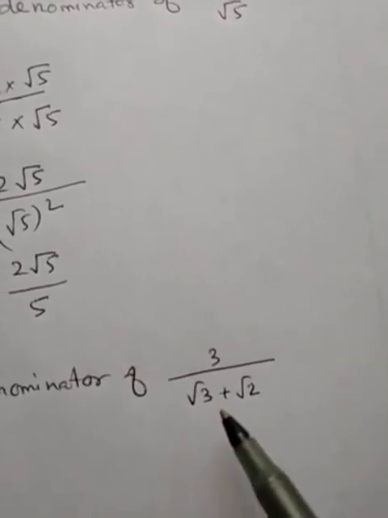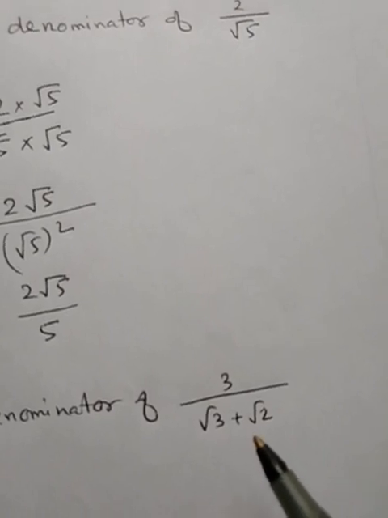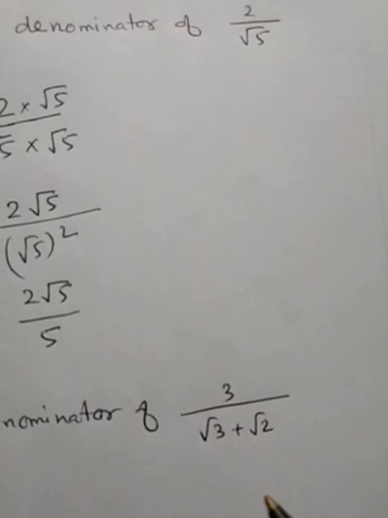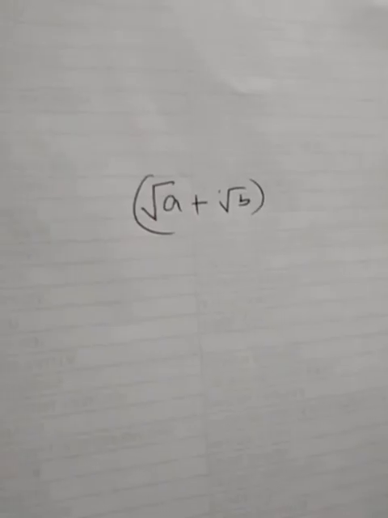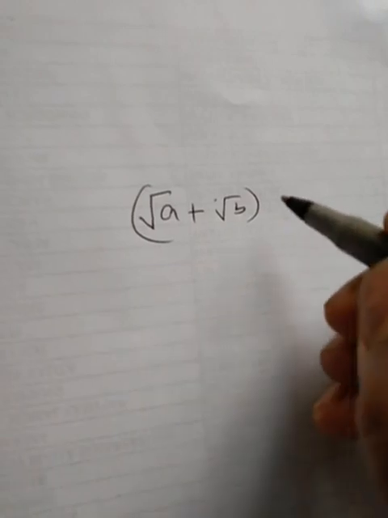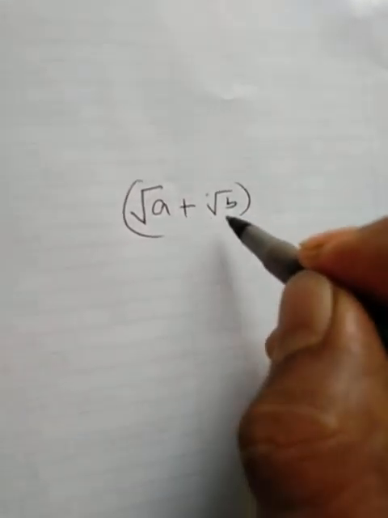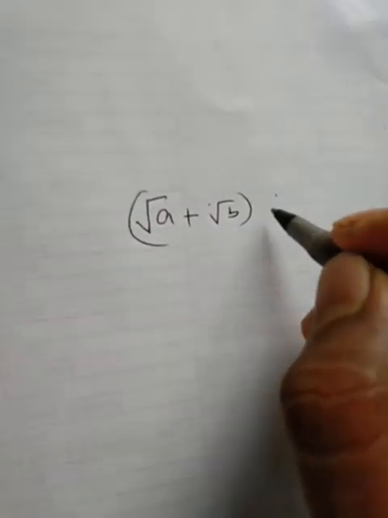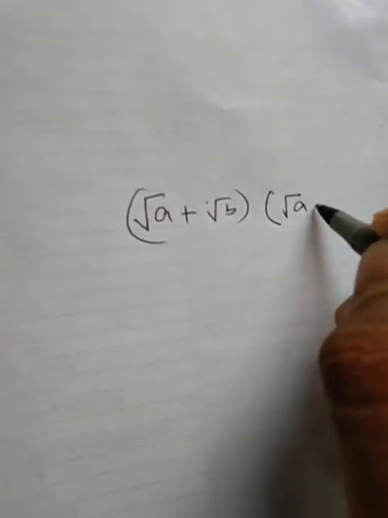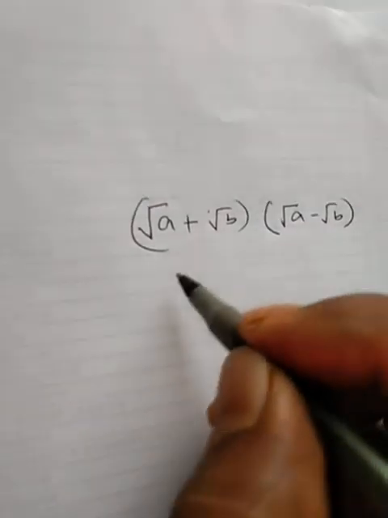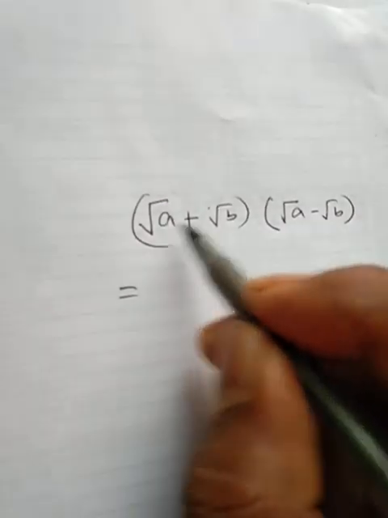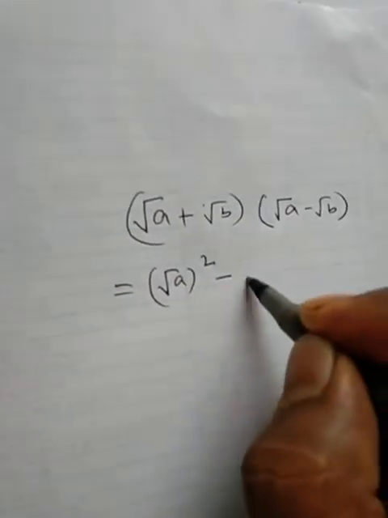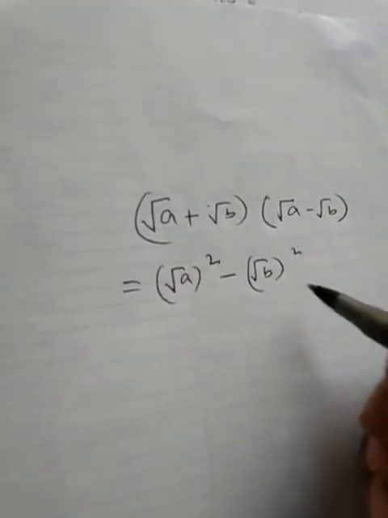For this type where there are two terms in the denominator, we have to recall the a square minus b square identity, because if we multiply root over a plus root over b with root over a minus root over b, then what will happen? Using this a plus b into a minus b identity, we can write it as root over a square minus root over b square.